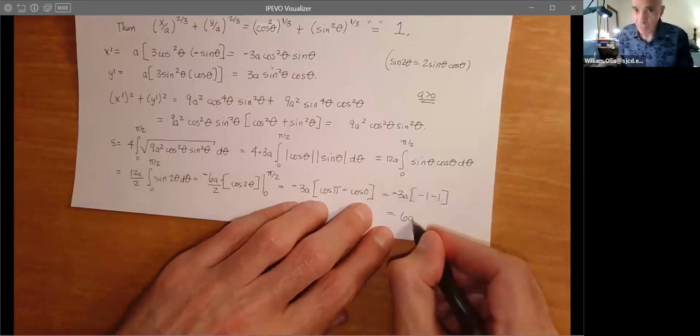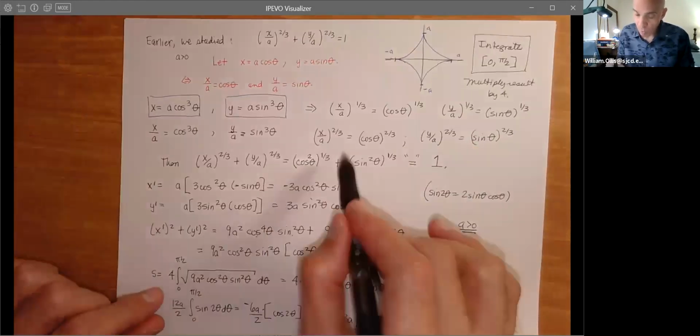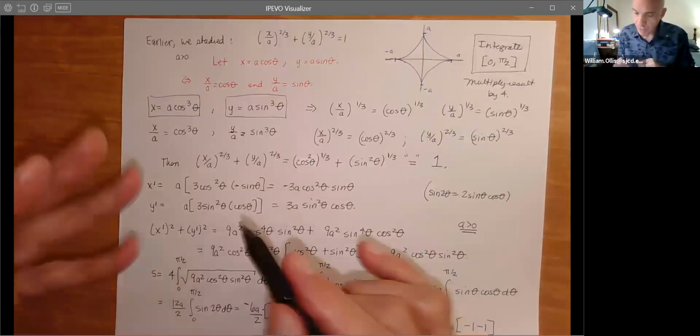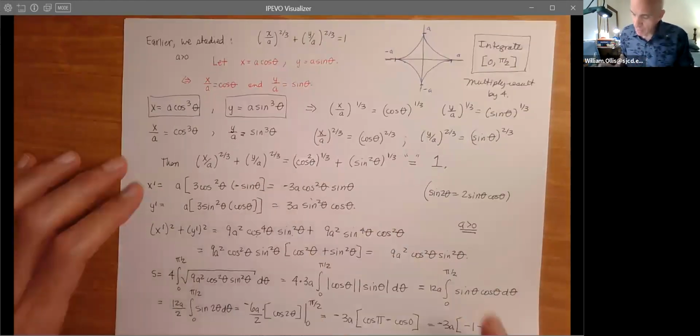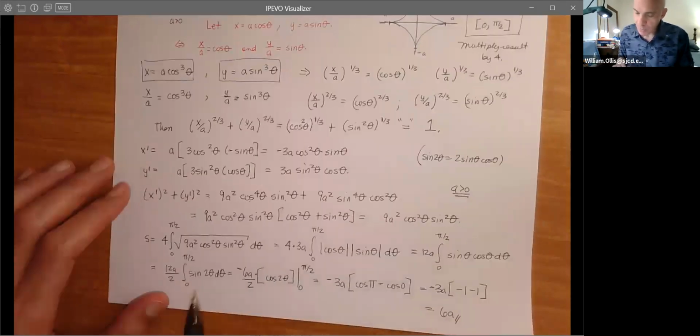So this wasn't completely off base. This does work. A little sketchy the way I tried to provide an equivalency between the two, but this does work because that's the answer we got before. So absolutely.